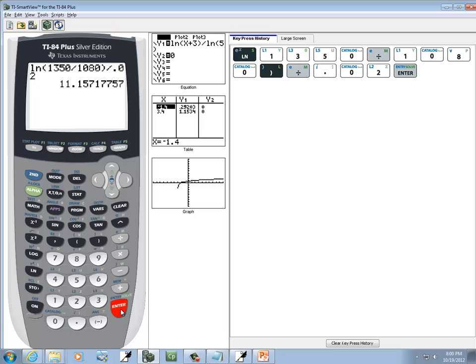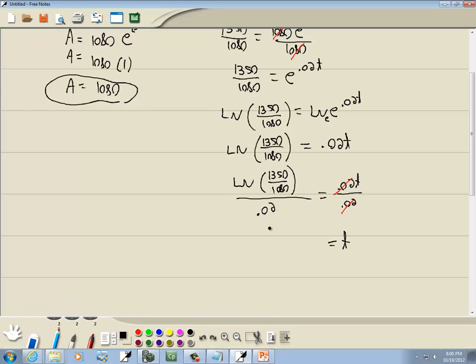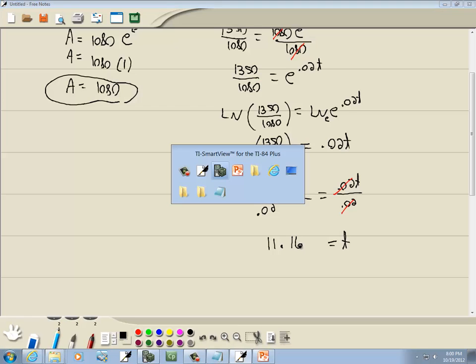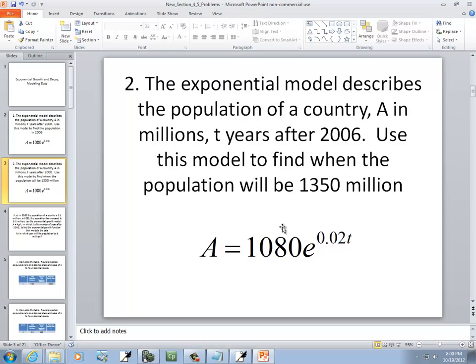Enter. And since it doesn't say what to take it to, I'll take it to, I guess, 2 decimal places. 11.16 years. So again, you come up with a model like this, you can use it to predict what your population is going to be after a certain period of time.